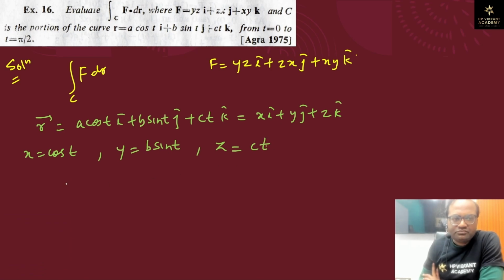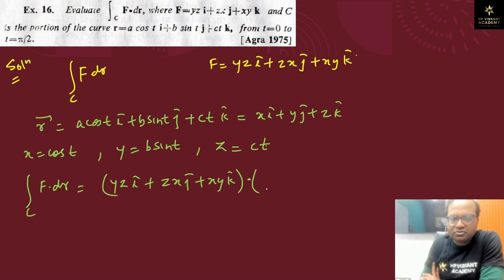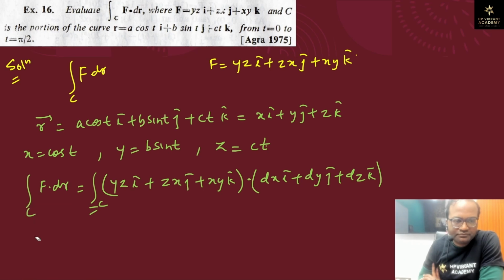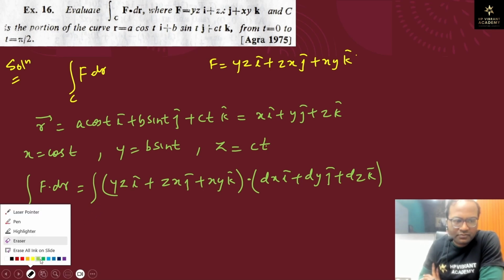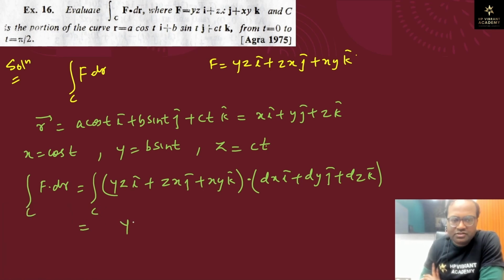Okay. So we have F dot dr along the curve C is equal to yz i cap plus zx j cap plus xy k cap dot dx i cap plus dy j cap plus dz k cap. This we can write as, along the curve C, yz dx plus zx dy plus xy dz.